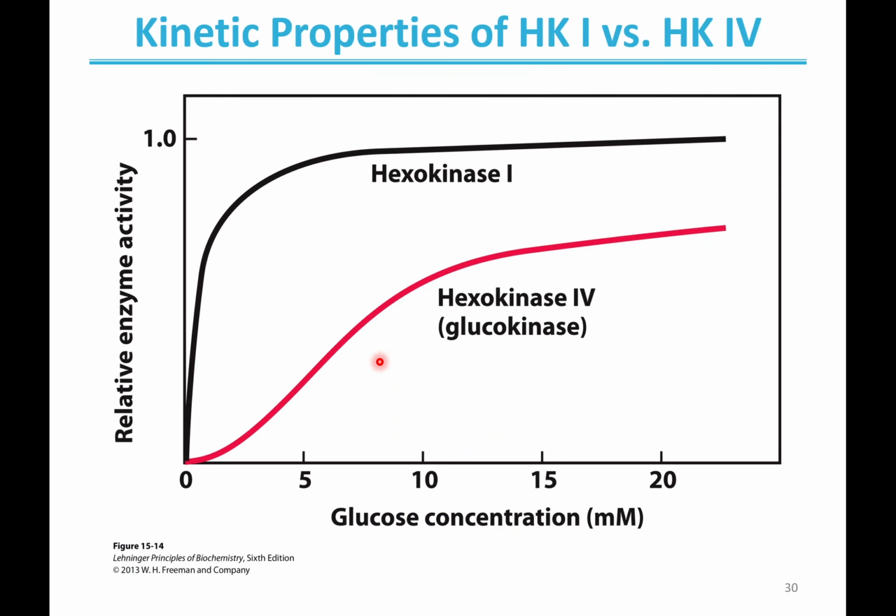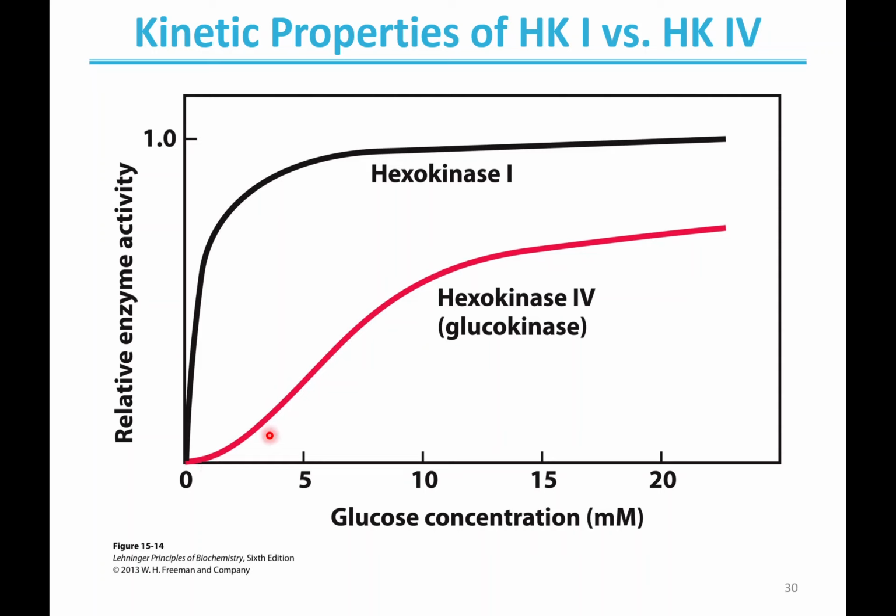concentration. So just shown here is what we're talking about with hexokinase 1. As you can see, it has a very low Km, so it's basically going to be at a steady state at the higher glucose concentrations.